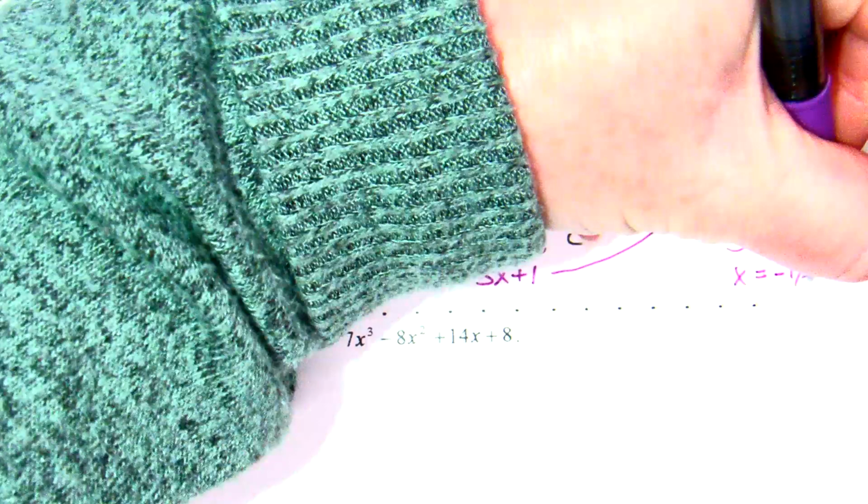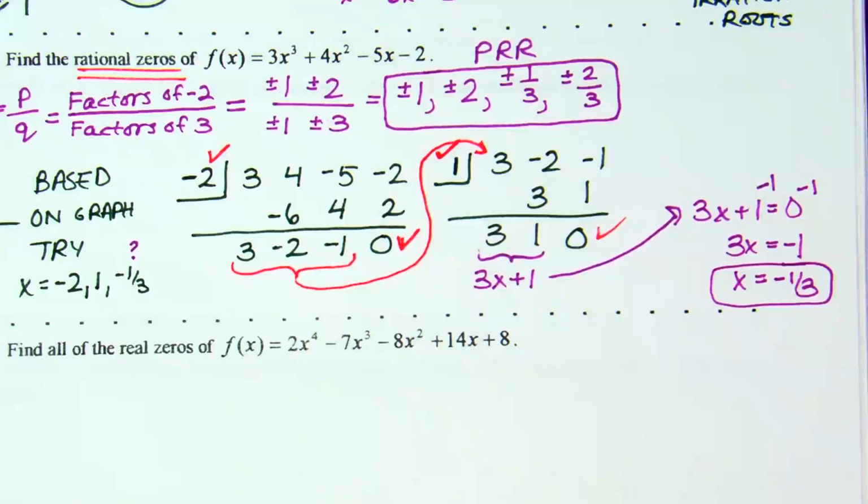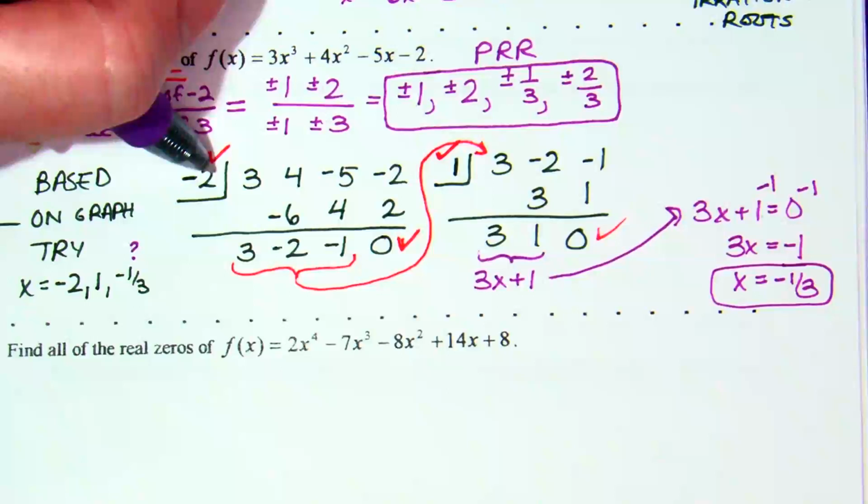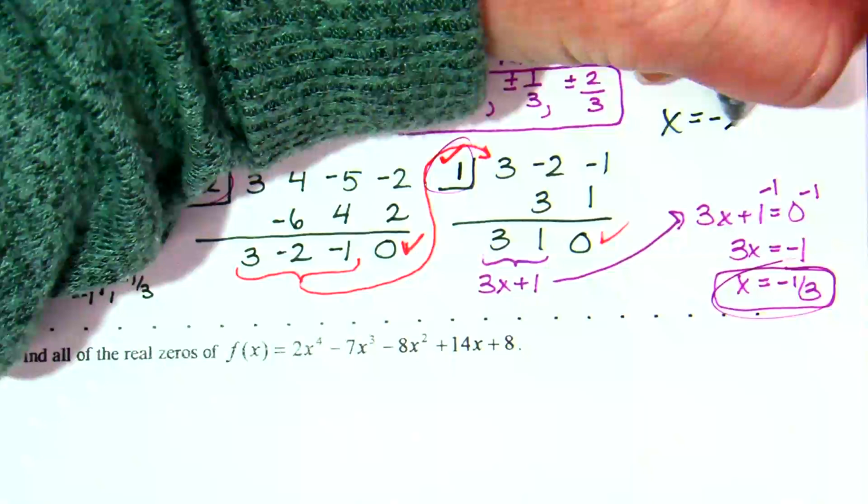So now, what are my rational zeros? Okay. Negative 2, 1, and negative 1/3. So, x equals negative 2, 1, negative 1/3.